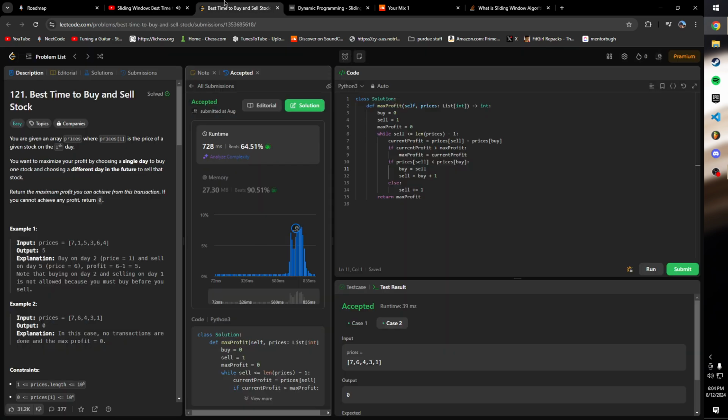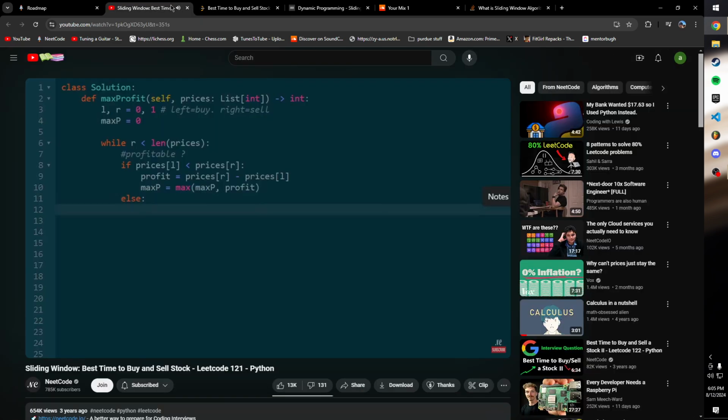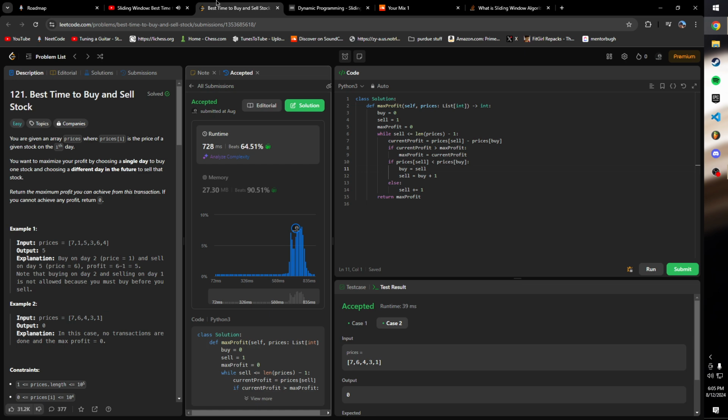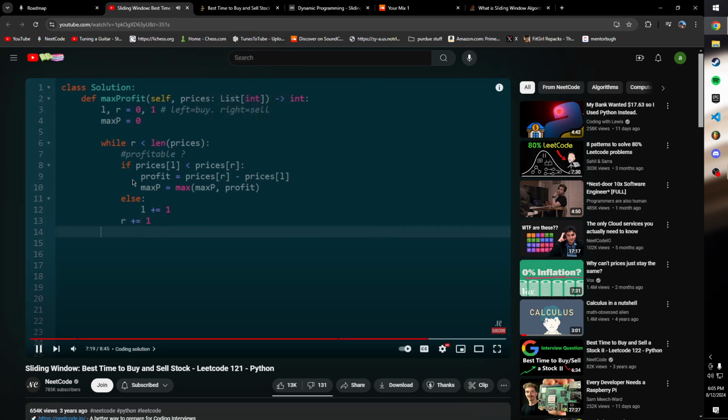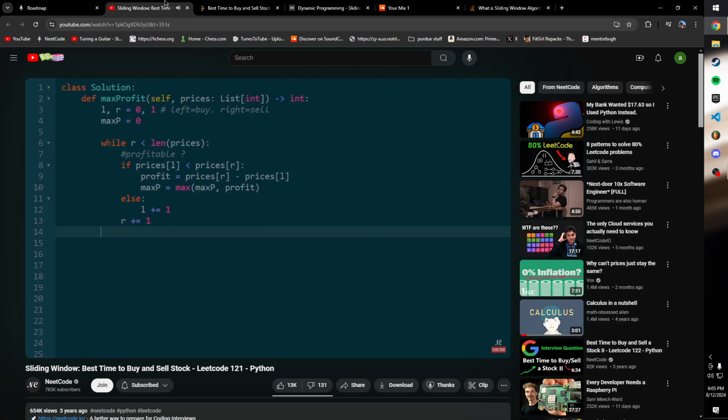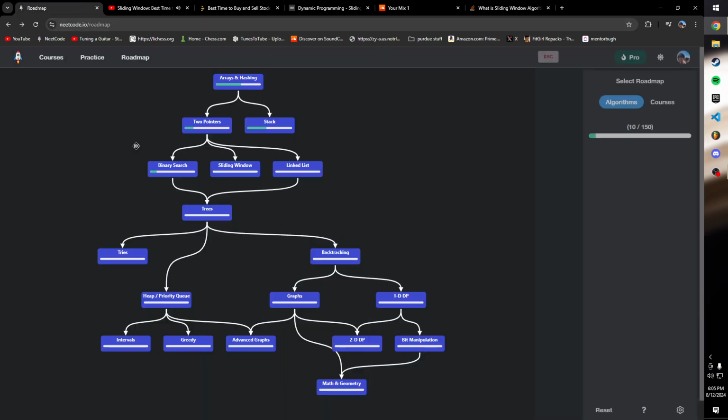But it might not be a profitable transaction, in which case we can update our left pointer. Now, regardless of the conditions, we want to update our right pointer. And so this is obviously going to keep going until our right pointer is out of bounds, in which case we've gone through all of the values and we know that max profit has the result that we want to return.